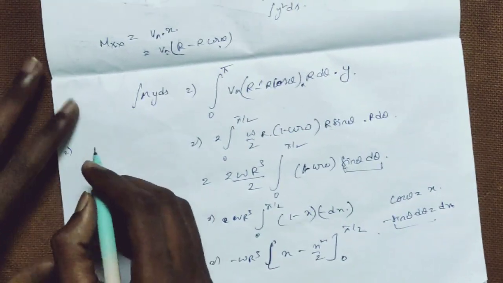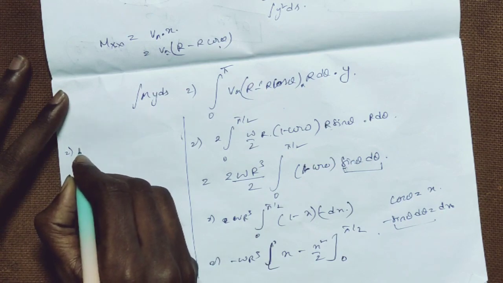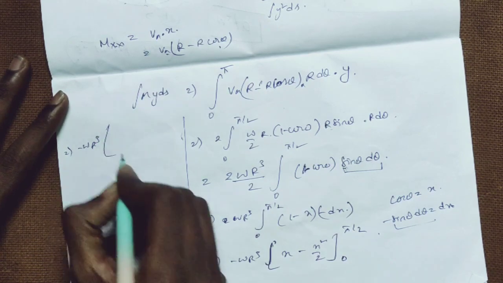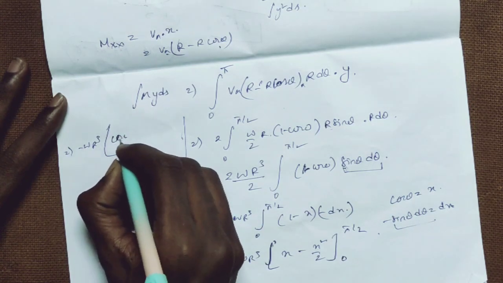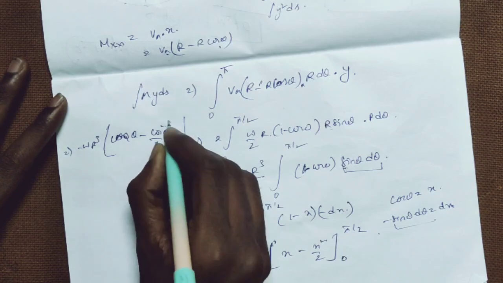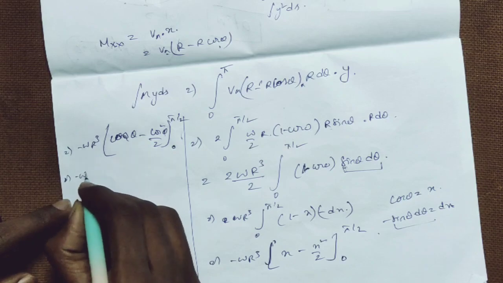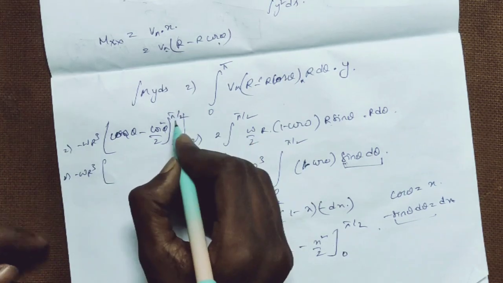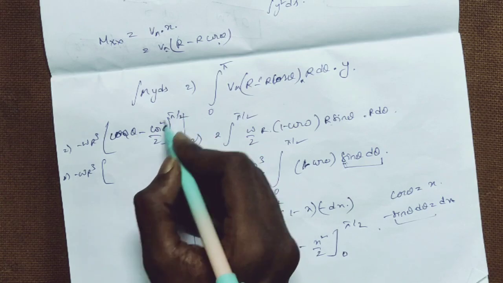I'm solving here. So minus W r cube, and x means cos theta: cos theta minus cos square theta by 2, from 0 to pi by 2. What is the value of cos pi by 2?